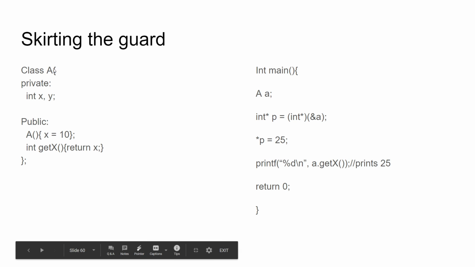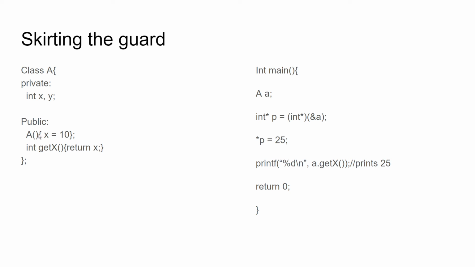So over here we have class A. It has private integers x and y, and public functions: use x equals 10, get x. Over here we have our variable A. I make an integer pointer P equal to A's address. So where is P pointing in terms of A, given what we just talked about with structs and classes?